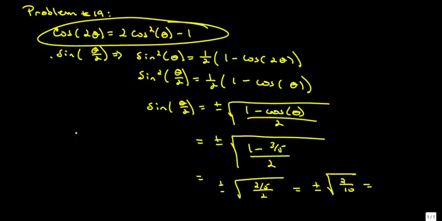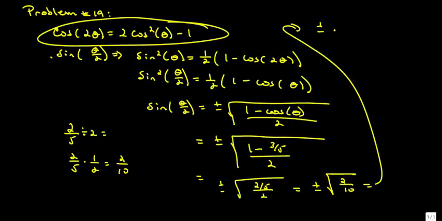The reason is it's 2/5 divided by 2, which is 2/5 times a half, which is 2 over 10. And if you reduce 2 over 10, that's 1 over 5.